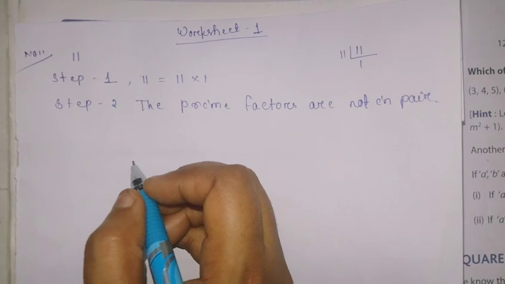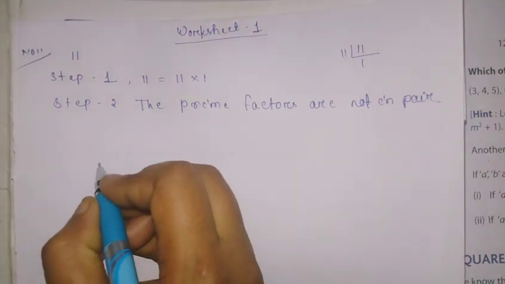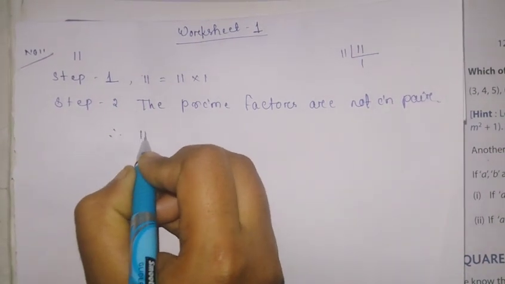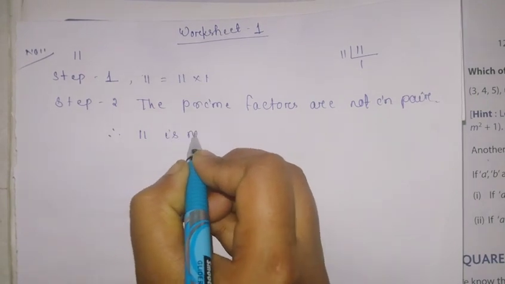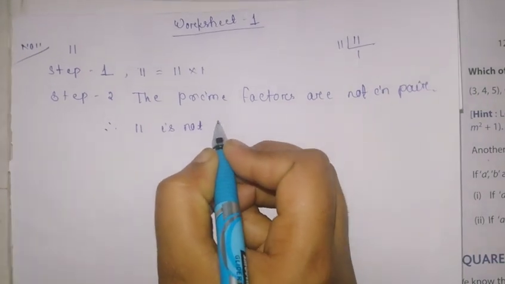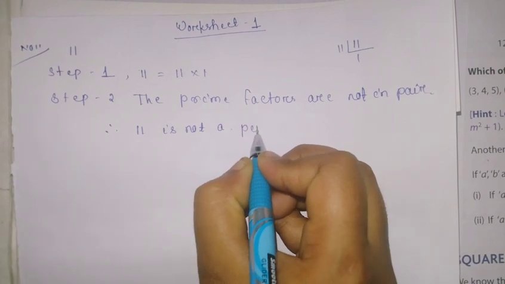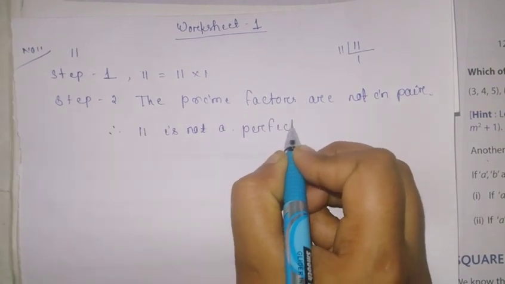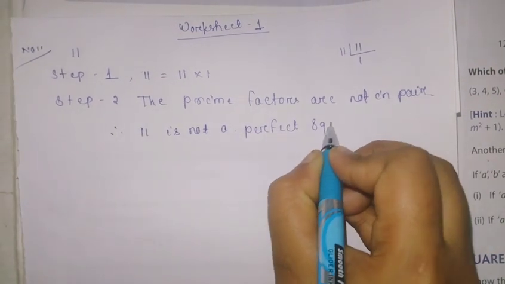So it is not a perfect square number. 11 is not a perfect square number.